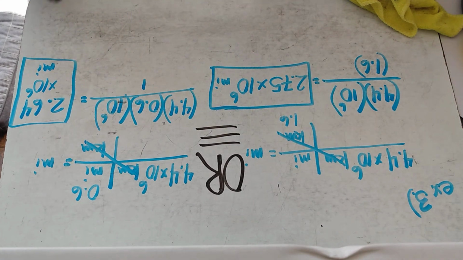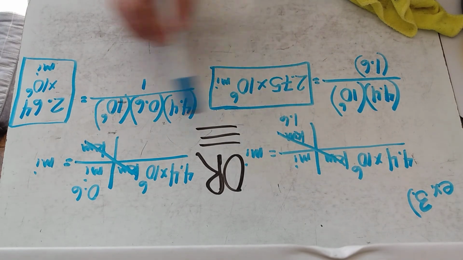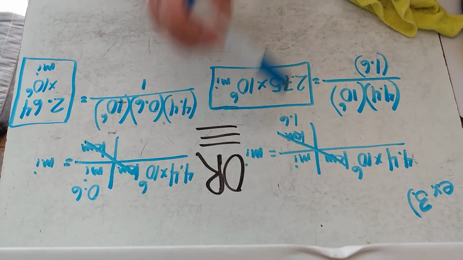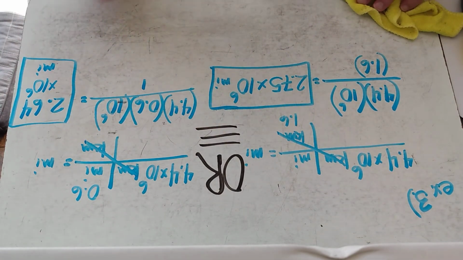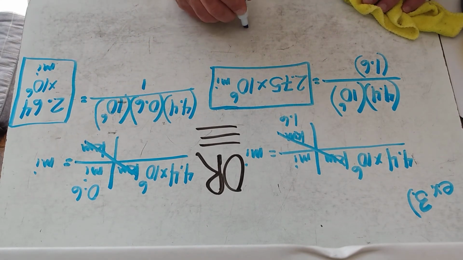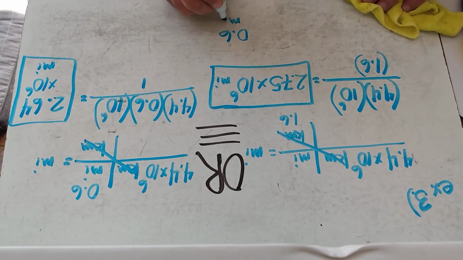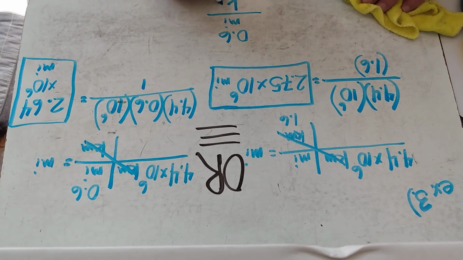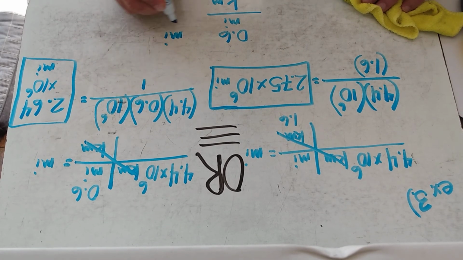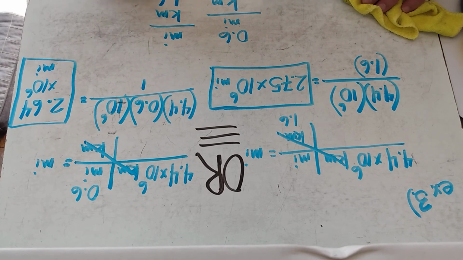So it does depend on obviously which tool that you use. So here we see it as a tool. Again, here are the two tools that you could have used, okay? 0.6 miles is equal to a kilometer, or 1 mile is equal to 1.6 kilometers.